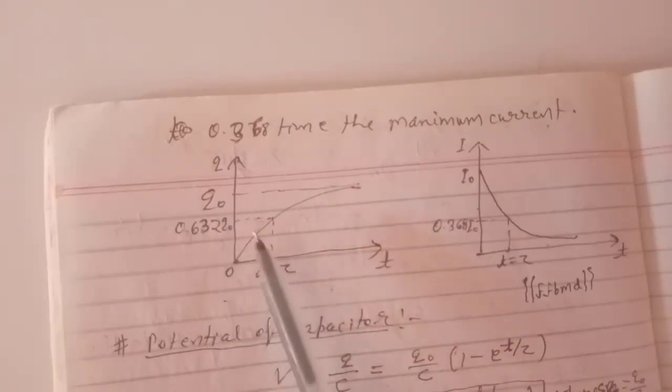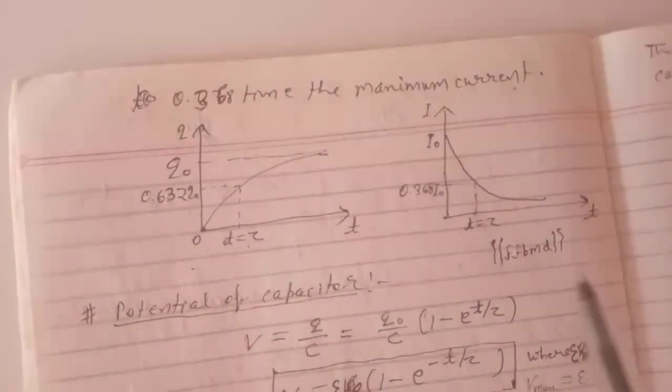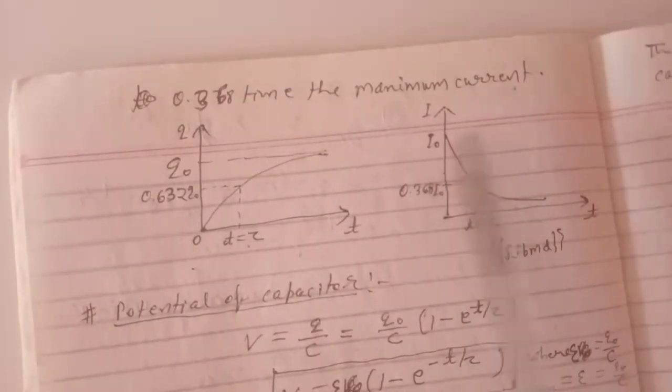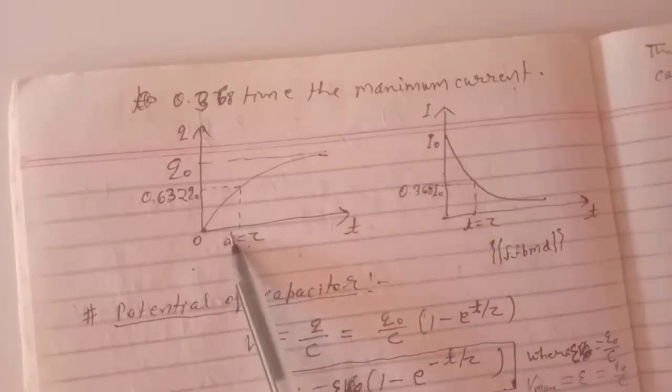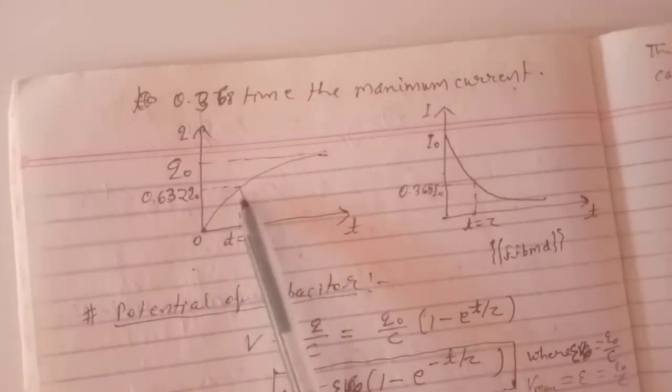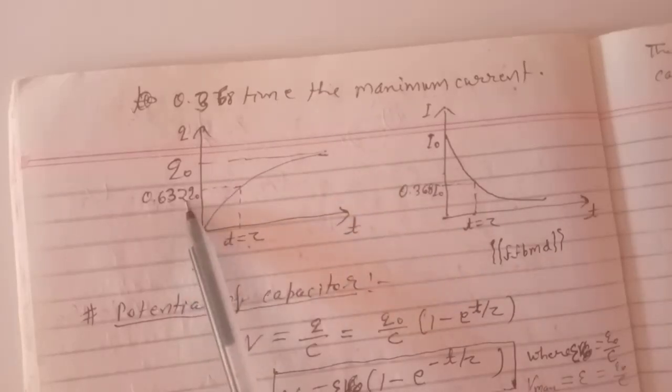The graph of charge on the capacitor with time looks like this. This is an exponential graph, and the current in the circuit is also exponential. Now we see that when t equal to tau, this is the point where t equals tau, the value of q is 0.632 q naught.